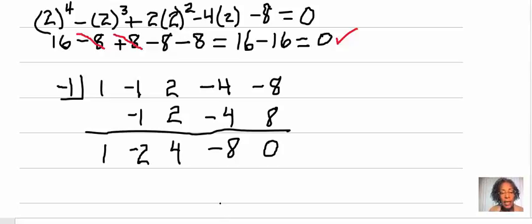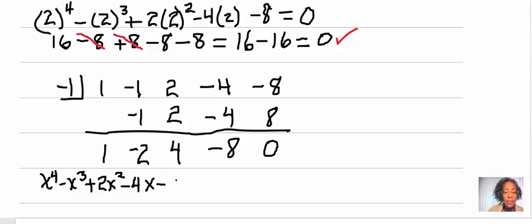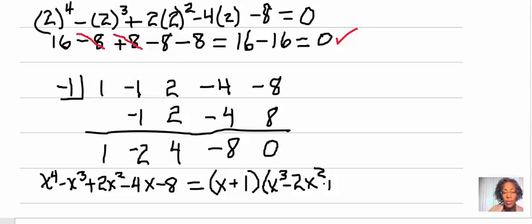So what this does is this tells me this polynomial, x to the 4th minus x cubed plus 2x squared minus 4x minus 8 can actually be written as x minus -1, which is the same as x plus 1, times x cubed minus 2x squared plus 4x minus 8.